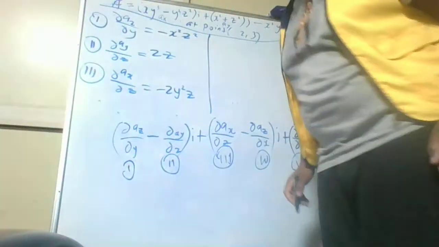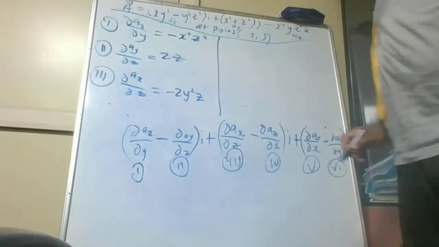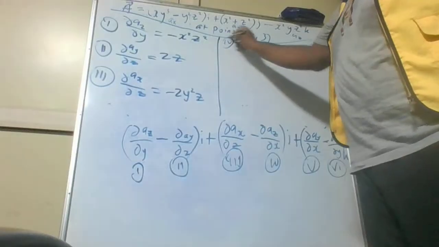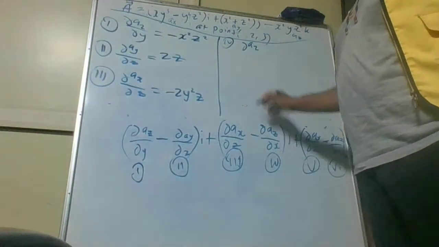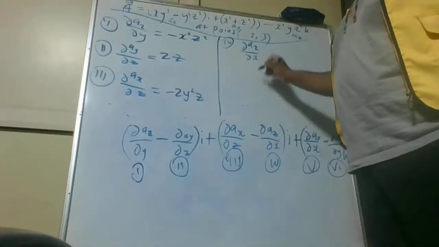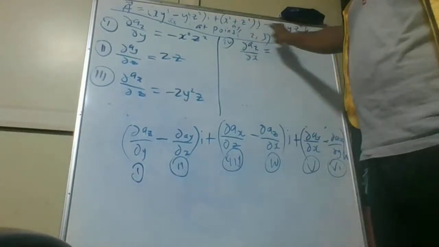Let's move on to the next part. Numbers 4 to 6: finding the partial derivative of Az with respect to x. Az is equal to this.